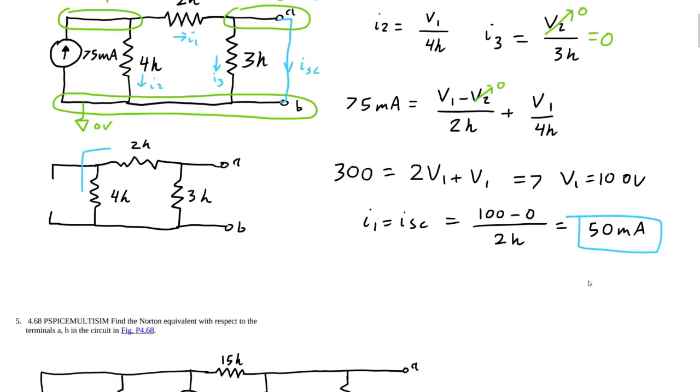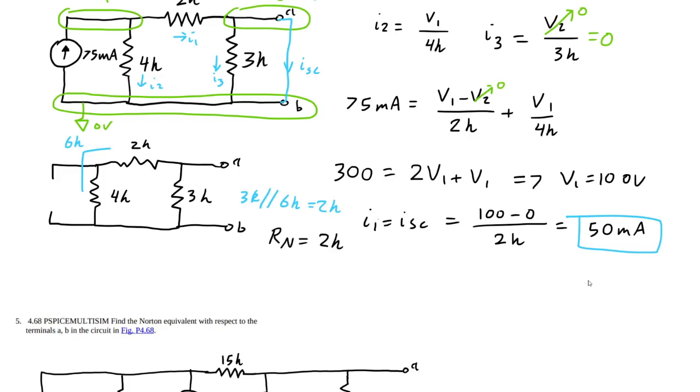Pretty simple. Here's 2 in series, 6 kiloohms. So 3K in parallel with 6K is going to equal 2K. So our Rn is 2 kiloohms.